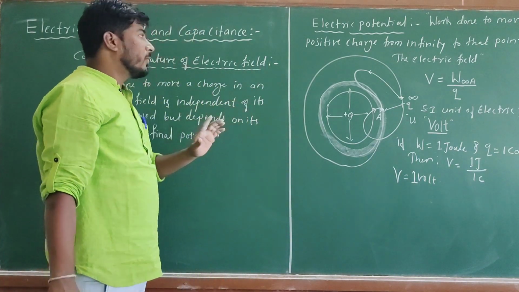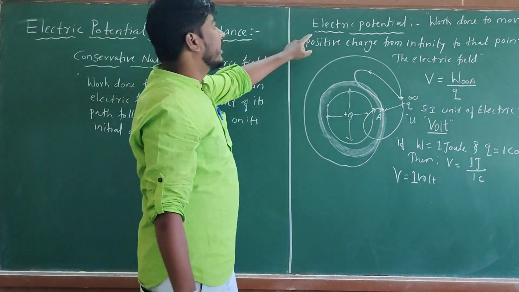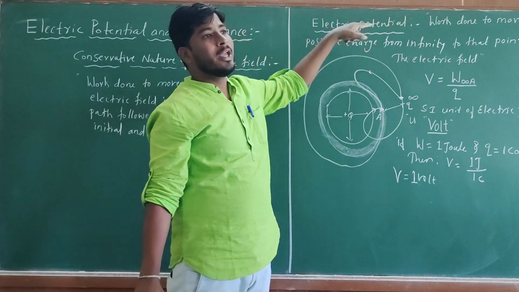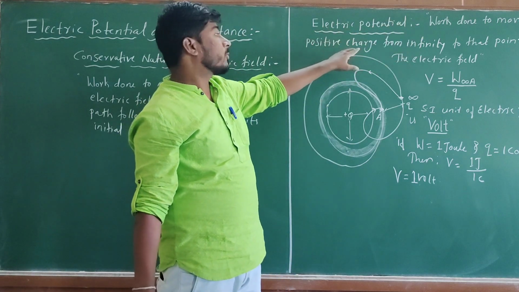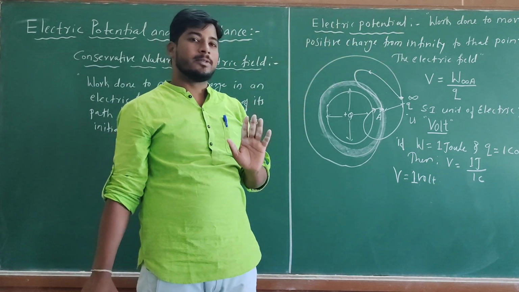So today we have discussed the conservative nature of the electric field and electric potential. Electric potential is the work done to move a unit positive charge from infinity to that point against the electrostatic field.